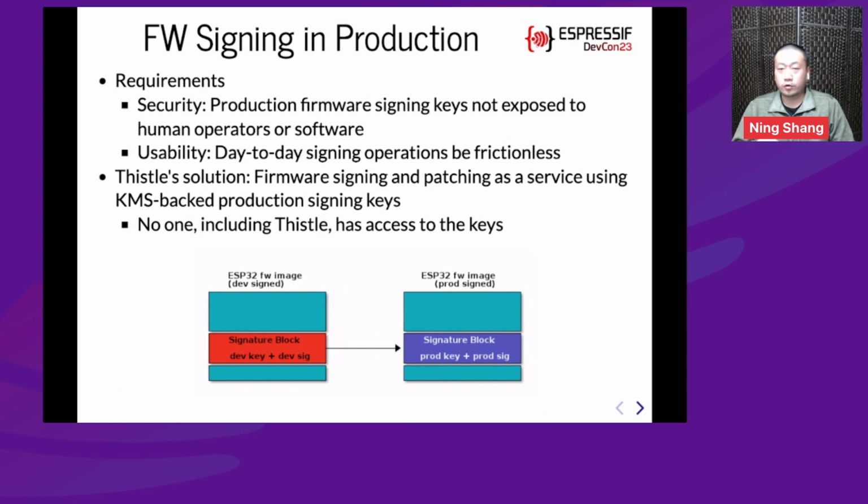It will use the production signing key in the key management system to sign the payload, the content of the image, and replace the development signed signature block with the production signed signature block. So these two images will be almost identical, and the only difference is in the signature block. So that's how we propose to solve the problem.